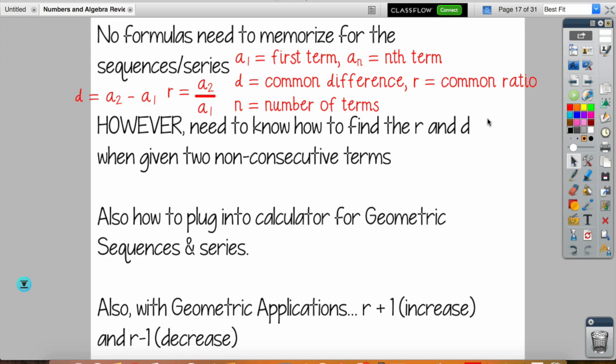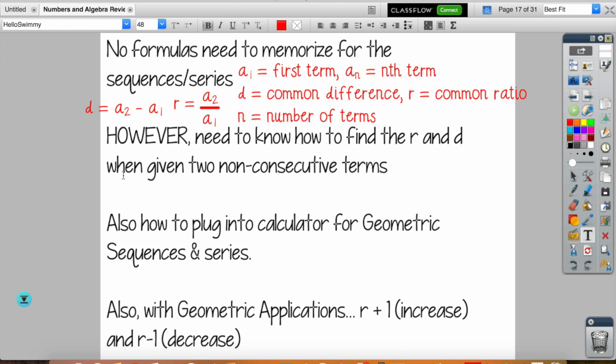You also need to know how to find R and D when two non-consecutive terms are given. Remember to find D, I gave you kind of like the shortcut where you take whatever terms are given to you. So let's say you're given the fifth term and then the 17th term, right?